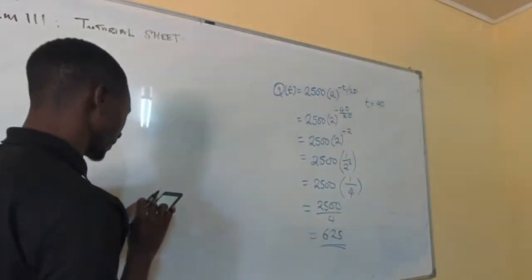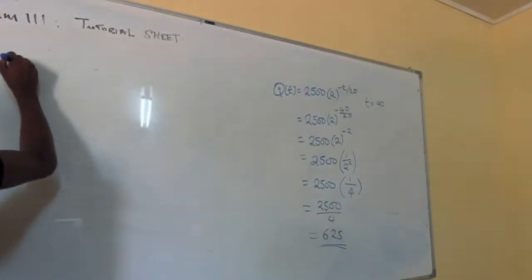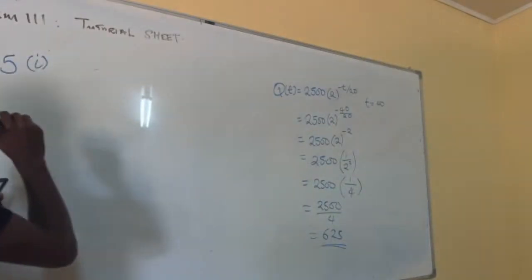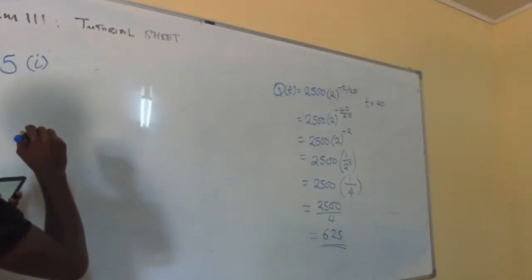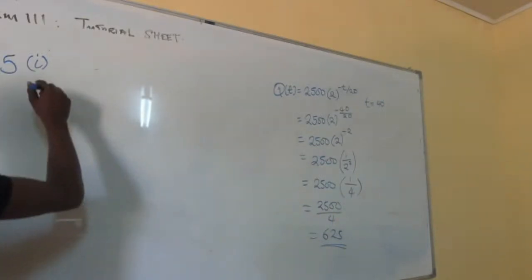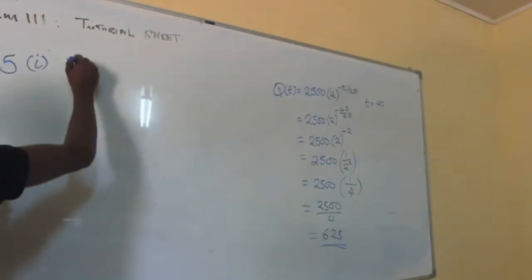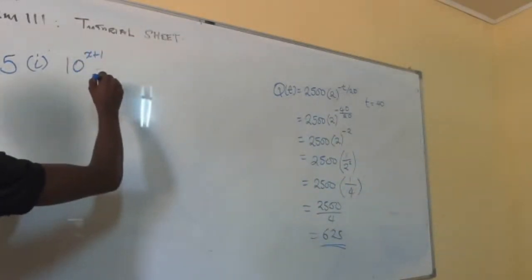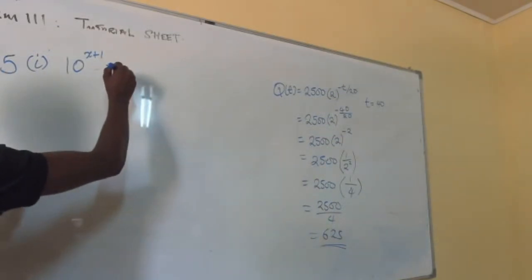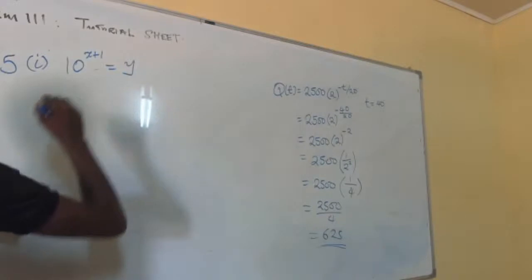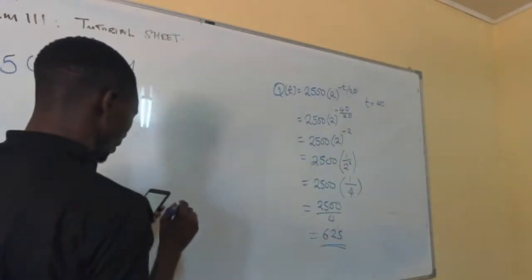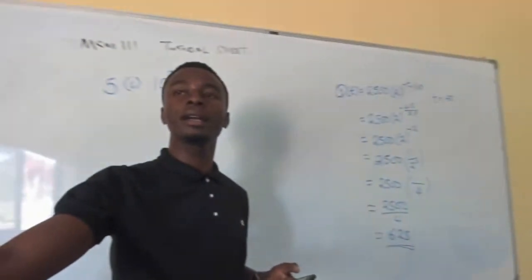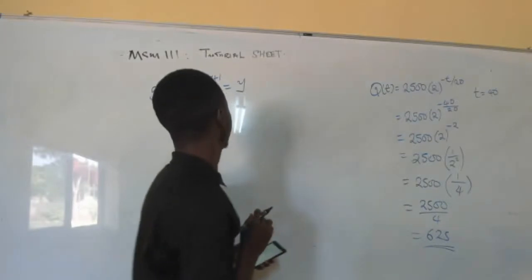So question 5, Roman numeral 1. Let's pick Roman numeral 1. We have 10 to the power x plus 1 equal to y. So 10 to the power x plus 1 equal to y.